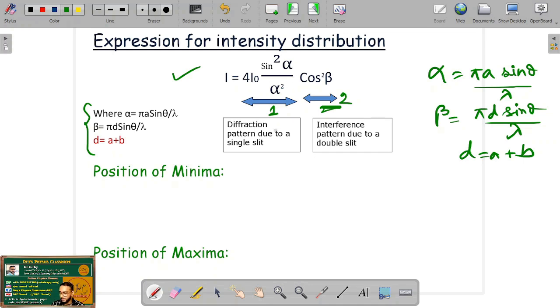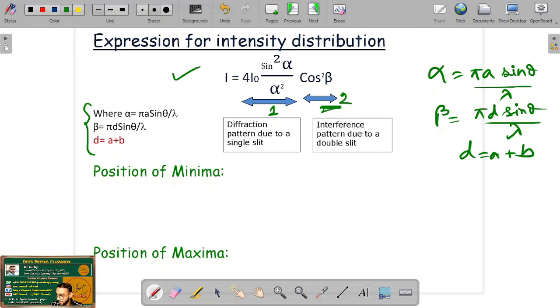This first term is related to the diffraction pattern due to a single slit, which I have already discussed in my previous lecture and derived: for a single slit, the diffraction intensity has the form 4I naught sin square alpha by alpha square. Similarly, you are familiar with the cos square beta term from the first lecture of diffraction, where I discussed double slit interference.